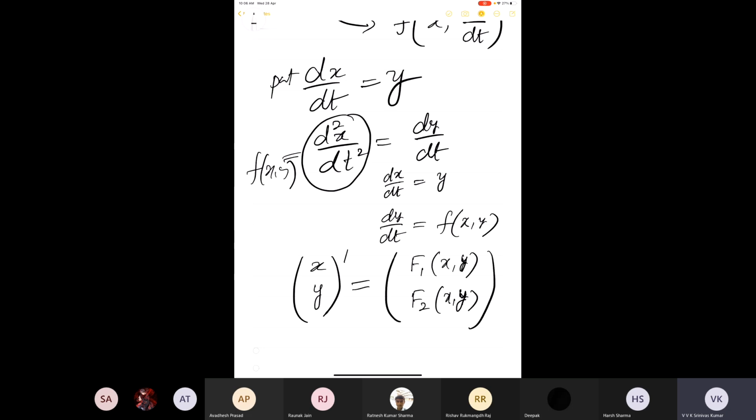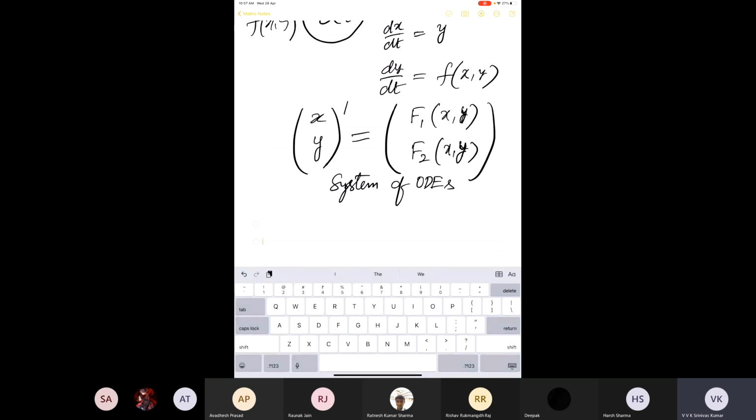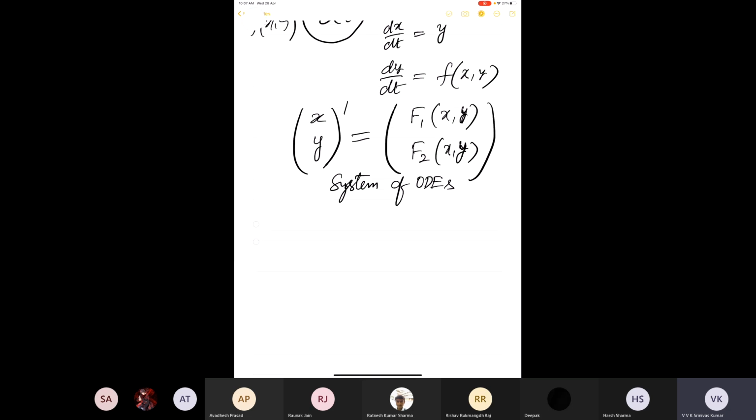Now we have only a system of ODEs, a first order system of ODEs. Now we have reduced it to a first order system of ODEs.